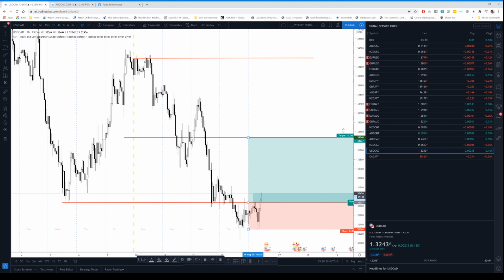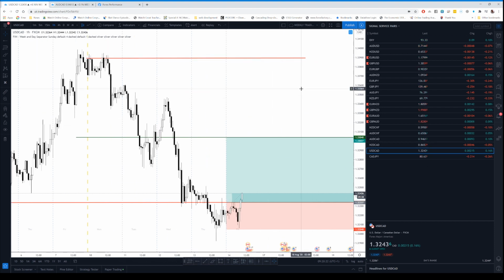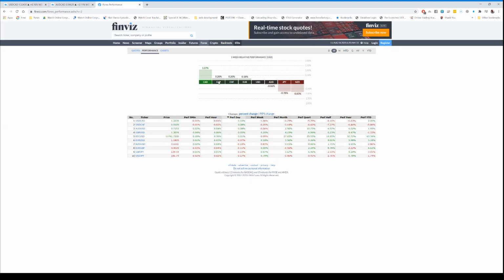Alright, done. So let's see if we're gonna get that weakness in CAD, and then it carry us with the strength on dollar. I think today CAD will be weak and dollar will be strong. So we have two extremes, and we have those of you who are short New Zealand yen. Look at that, two extremes, perfect trade.